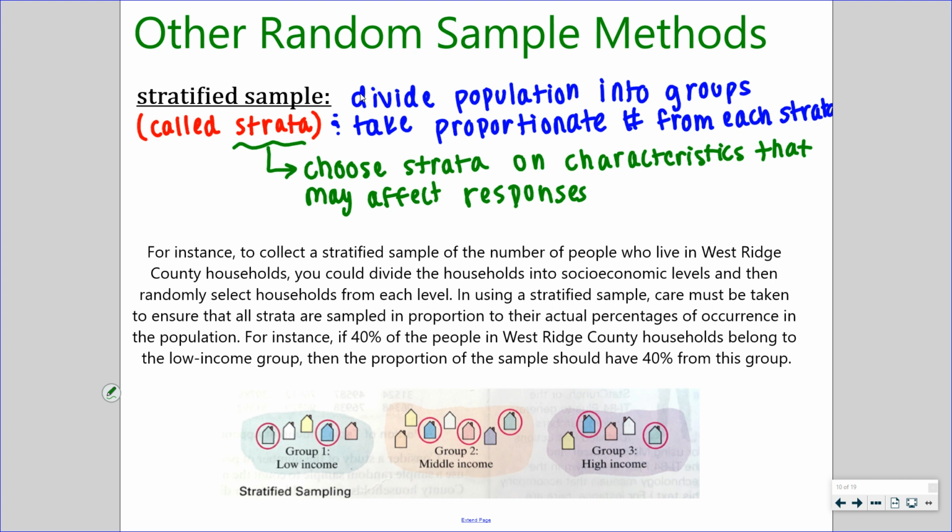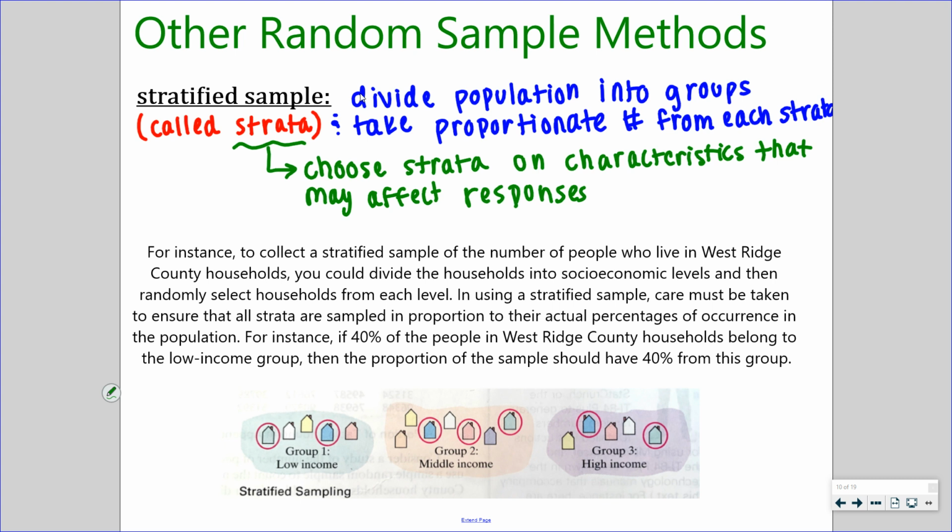So let's say we want to collect a sample of the number of people who live in West Ridge County households. So we're trying to find the population of people who live in these households. If we wanted to take a stratified sample, we could divide the households by common characteristics that might affect their response to the survey.